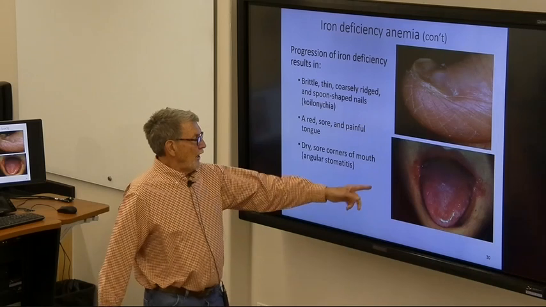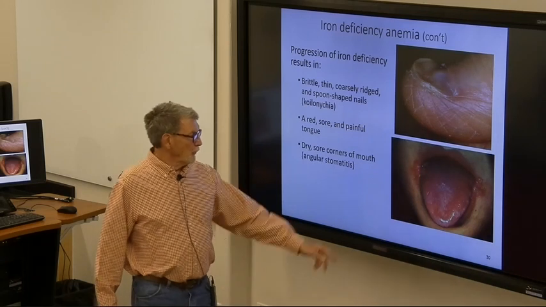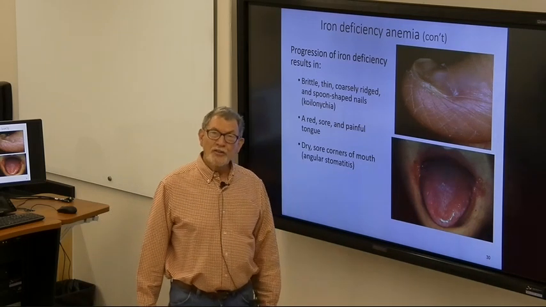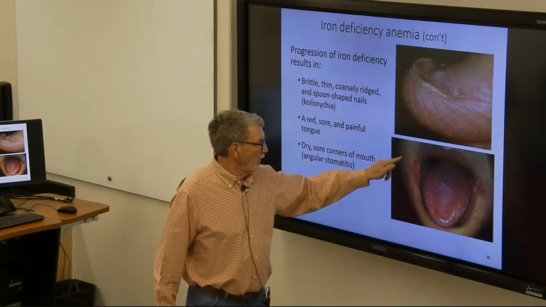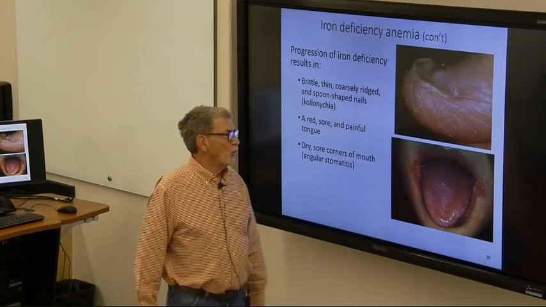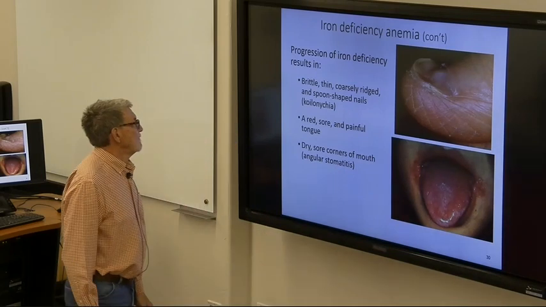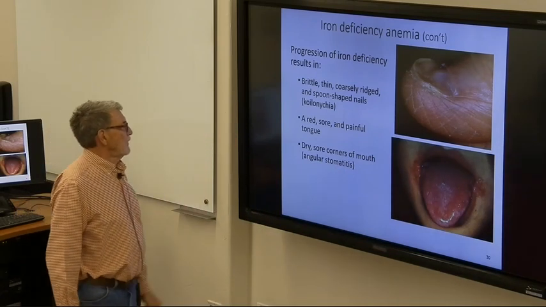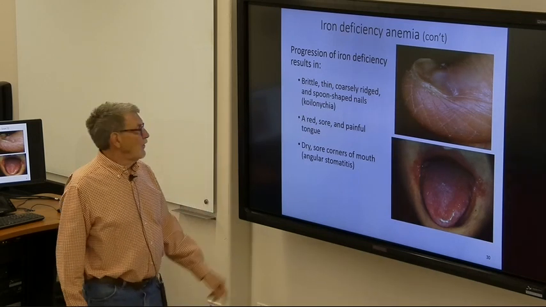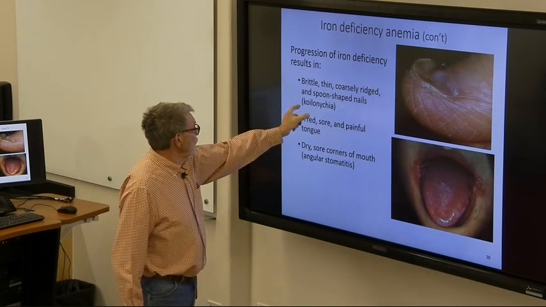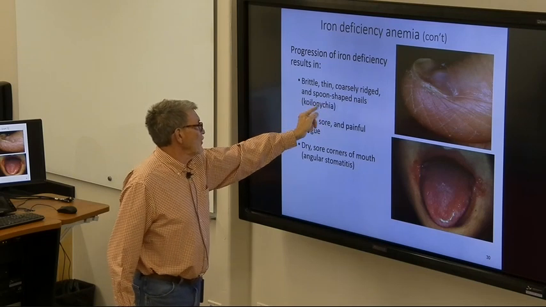Couple of iron deficiency anemia problems. This kind of looks like the pernicious anemia tongue. This inflamed tongue and the inflammations in the corner of the mouth. Koilonychia means oddly shaped nail condition.